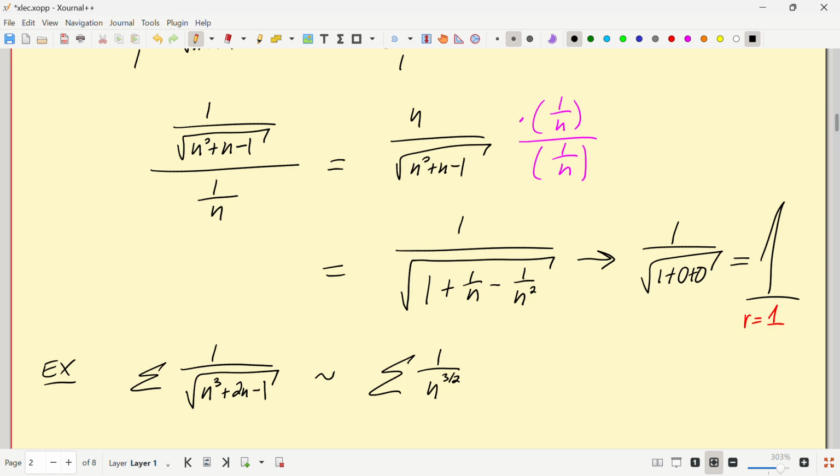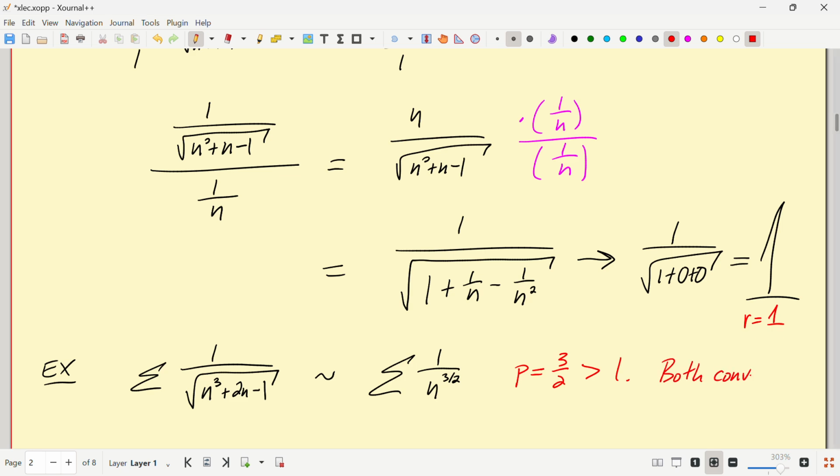It's minuscule in the limit, and so the tail end of that series acts a lot like the sum of 1 over n to the 3/2. And that's a p series with p greater than 1. They both converge.